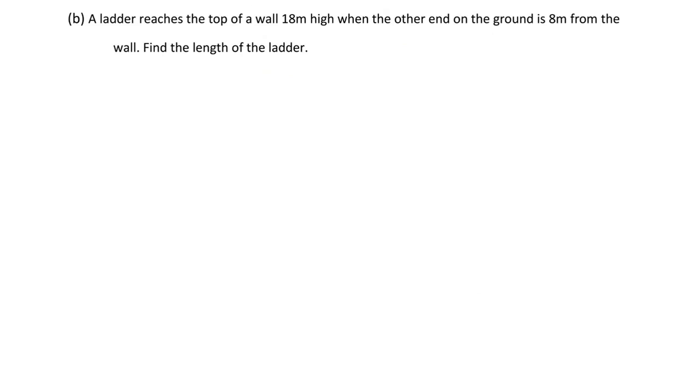Part B of the question: a ladder reaches the top of a wall 18 meters high when the other end on the ground is 8 meters from the wall. Find the length of the ladder. To solve this question, let us first sketch the problem.